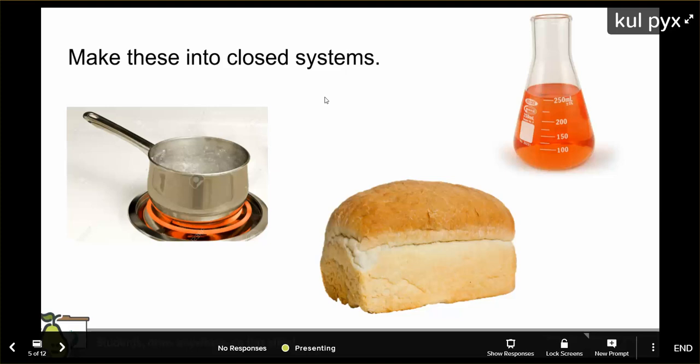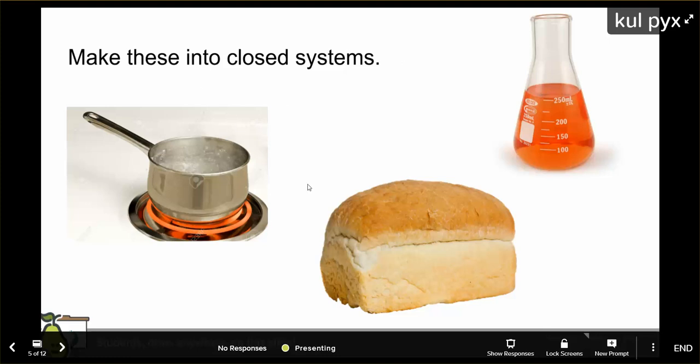Moving on to slide number 5, right? I'd like you guys to draw and try to make these into closed systems. Right? You might think we don't really use open or closed systems all the time, but we actually do see uses, we just don't even realize it. So let's say we have our reaction in our beaker here, and right now all of these 3 images are an open system, right?